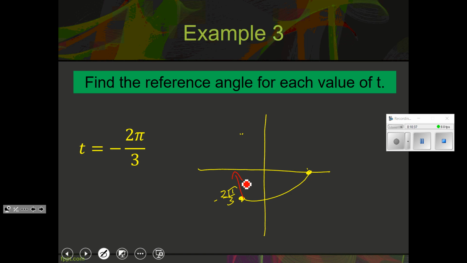All I'm asking for is what's the distance between here and here. So even though I'm traveling in a negative direction, does that make sense? The actual reference angle, if I want to know how much is this angle, how much is this angle right here? Everybody understand that? I'm going to refer to it as positive. So I need to go another pi over 3. So this is going to be pi over 3.